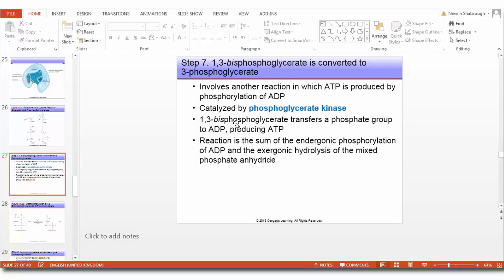The only requirement for substrate level phosphorylation is that the standard free energy of hydrolysis of the donor is more negative than that for hydrolysis of the new phosphate compound being formed. And this is the case here. So the reaction is the sum of the endergonic phosphorylation of ADP and the exergonic hydrolysis of the mixed phosphate anhydride.